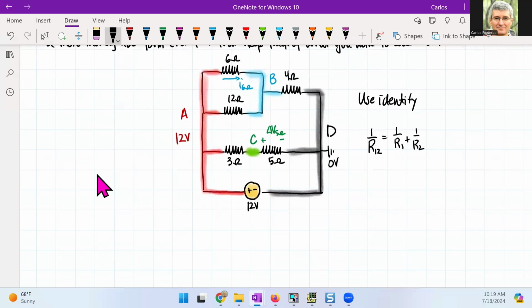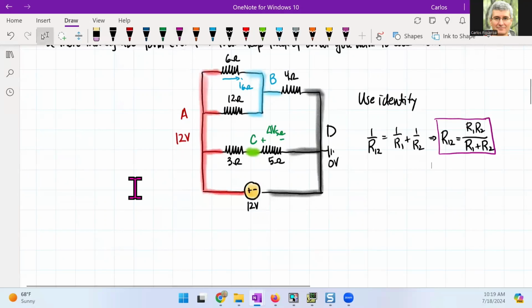If you do the algebra, we can write this combination: two resistors in parallel is the product divided by the sum of them. This is very, very handy, and I will use this almost immediately.